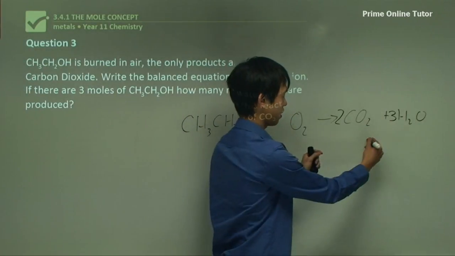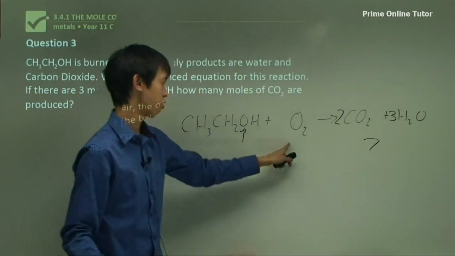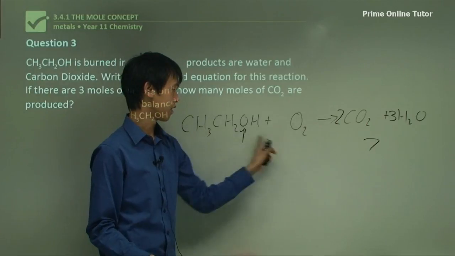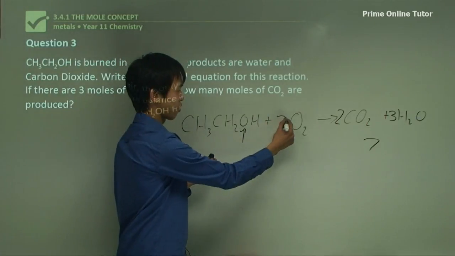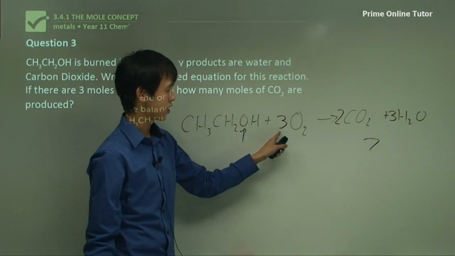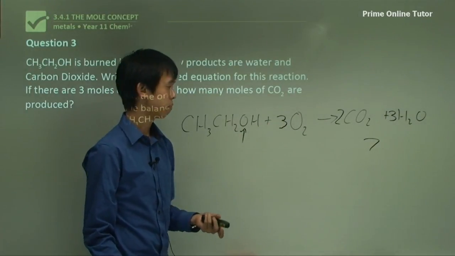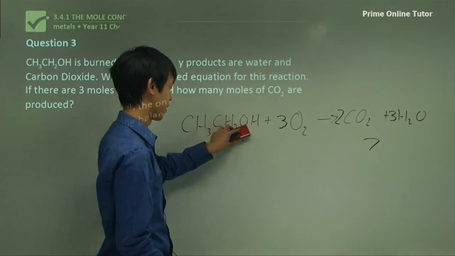So there is 7 on the right-hand side, and 3 on the left-hand side. So how do we make 7 out of this? Well, we can multiply this by 3, and we get 6 plus 1 is 7. Okay? And that's how we balance the equation.